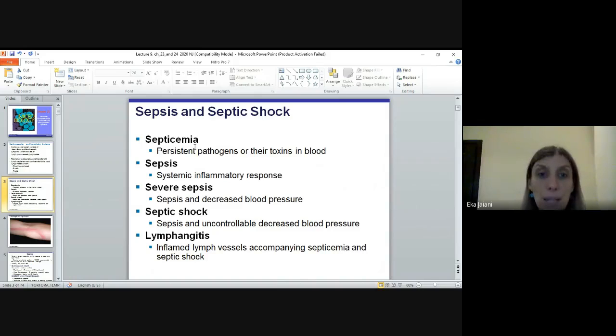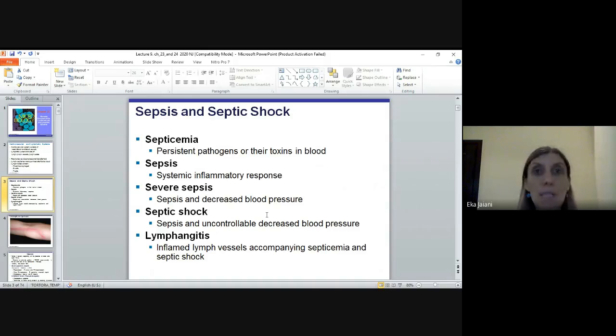So severe sepsis is when the systemic inflammatory response is accompanied by decreased blood pressure, and septic shock is when there's sepsis but blood pressure is uncontrollable. Fluids are given, and the treatment is done to increase the blood pressure.